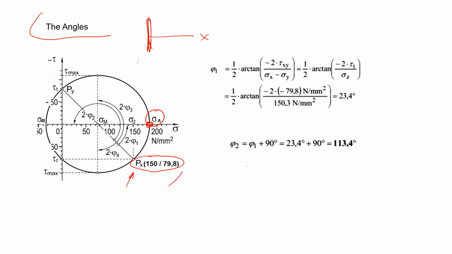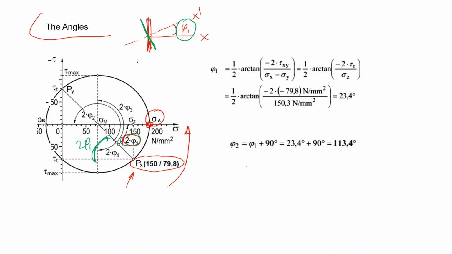I have to rotate anti-clockwise by an angle of 2 phi1 in order to reach this principal plane. So in reality, I have to rotate only by phi1 in order to reach the principal plane. So I have to determine this value. 2 phi1, you can see this angle over here, 2 phi1.